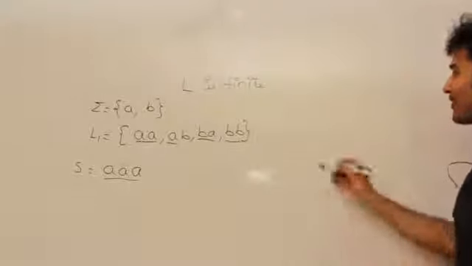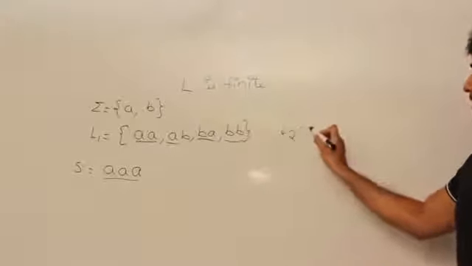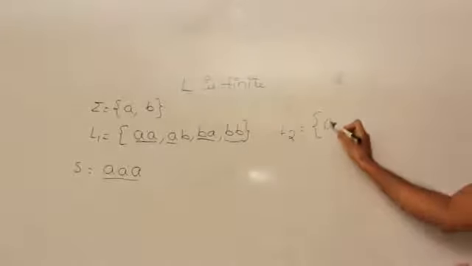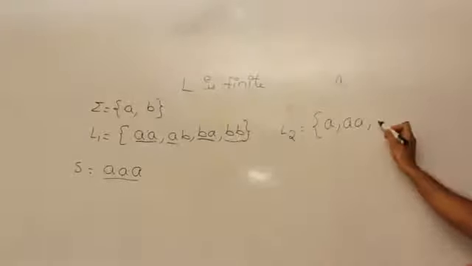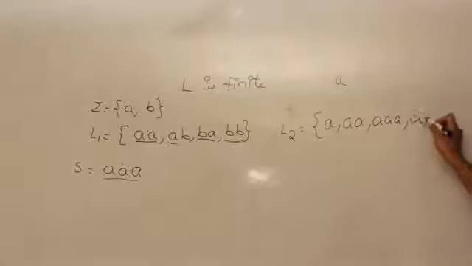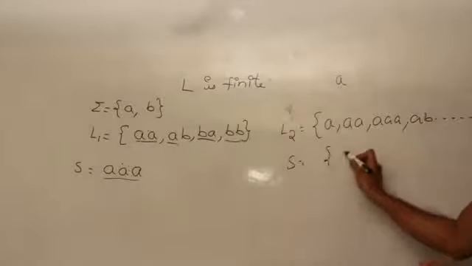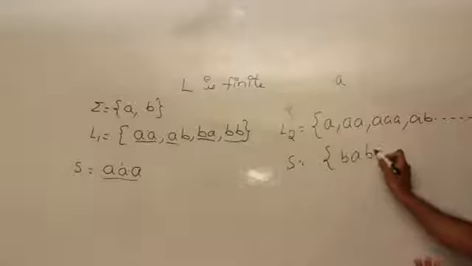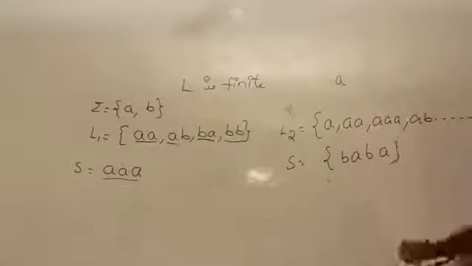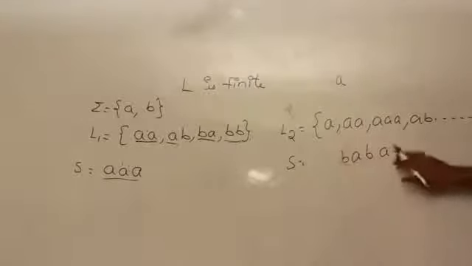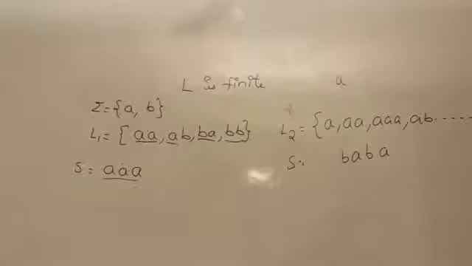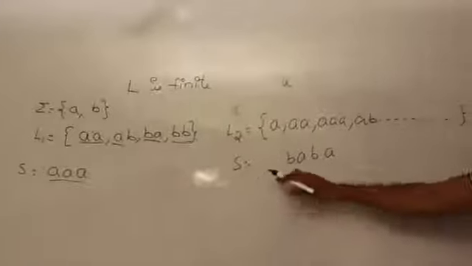But what if the language is infinite? Let us say language L2 is the set of all strings which start with A. Then the language is A, AB, and so on. There are lots of strings, right? So if any string is given, let us say the string given is BABA, and I ask you whether this string is present in this language L2 or not, then the problem is, how long should I be comparing this?